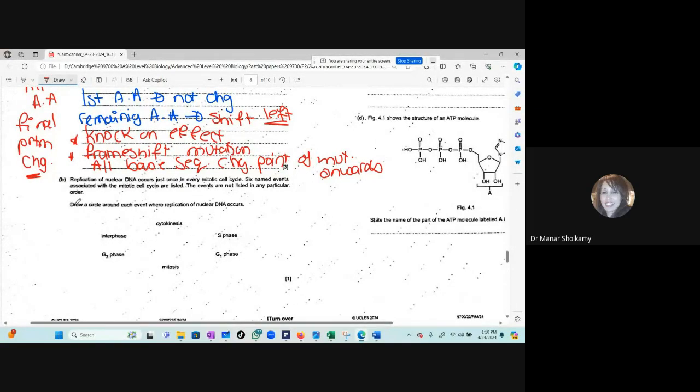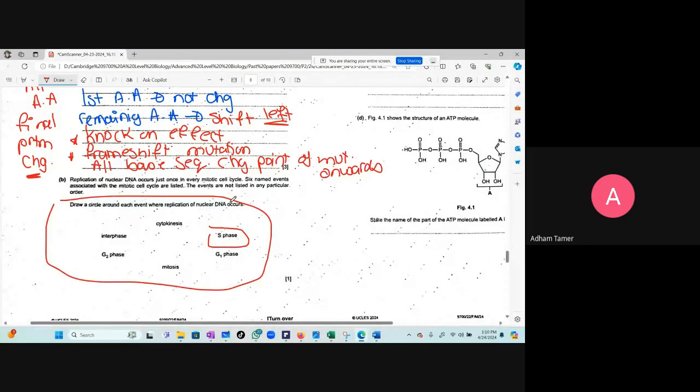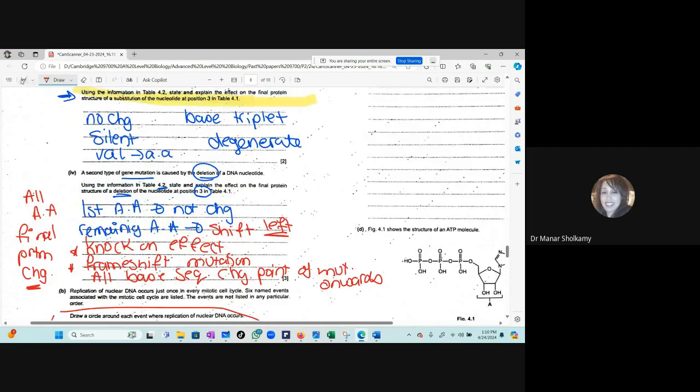Adam, DNA replication happens in which step here? S phase. Yes, S phase. Can you choose something else? You can choose another one: interphase. Yes, easy. This question, I will also highlight it.